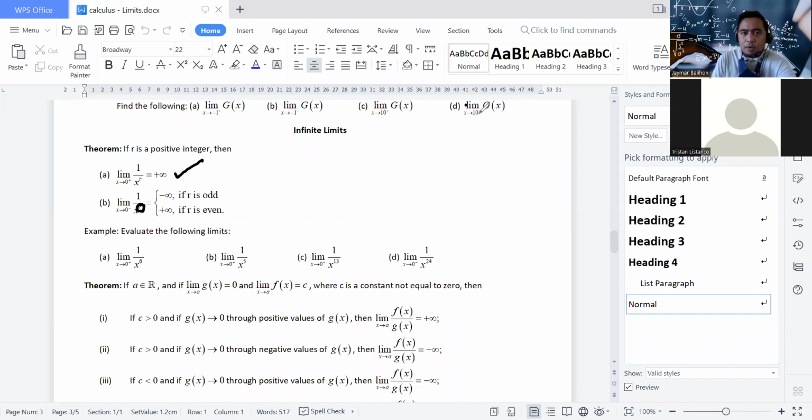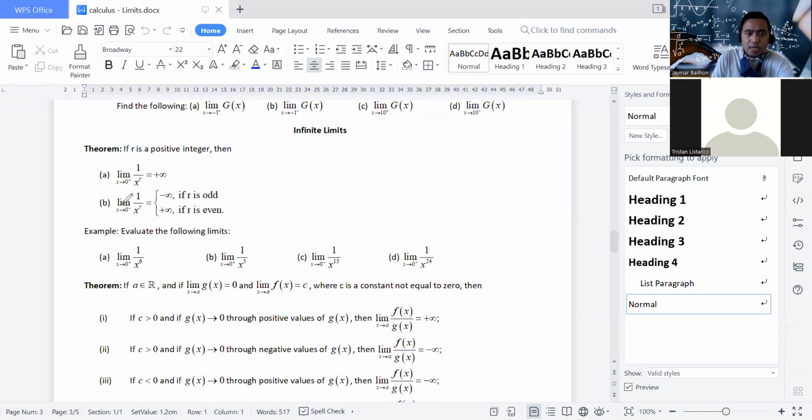Parity is the characteristic of an integer, whether it is odd or even. If r is odd, then the answer is negative infinity. And if r is even, then the answer is positive infinity.